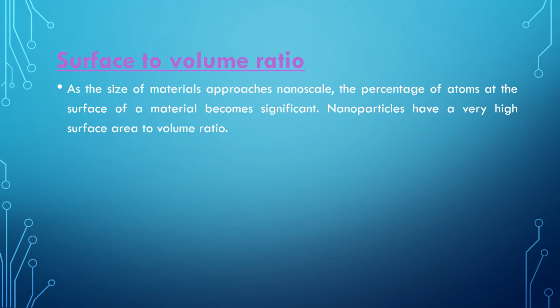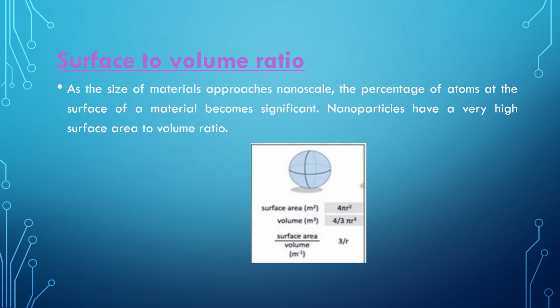Let's take the example of an atom, because mostly we consider the shape to be spherical. See this diagram, where the atom has some surface area as well as volume.